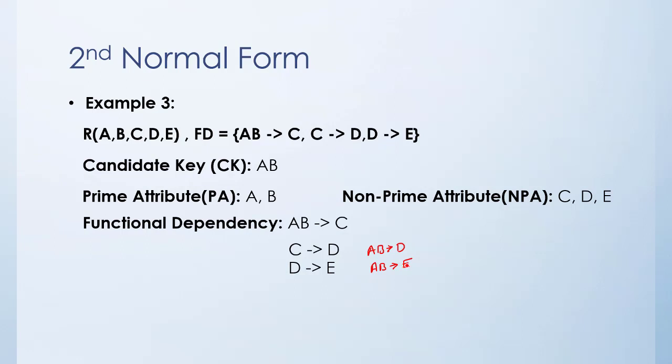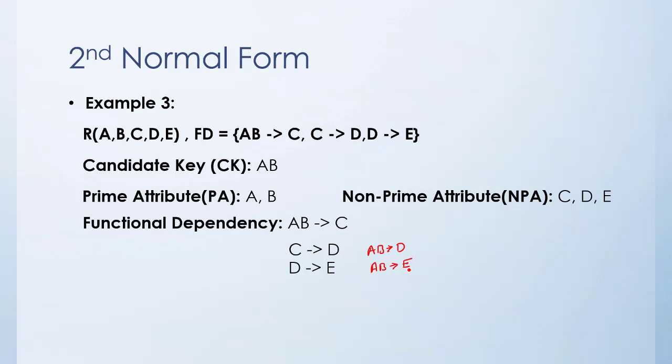Now, removing any attribute from here, the functional dependency AB determines D will not hold, or removing any one of A or B from here, the functional dependency AB determines E will not hold. You can see that every non-prime attribute, that is C, D, and E, is fully functionally dependent on the candidate key AB, right?